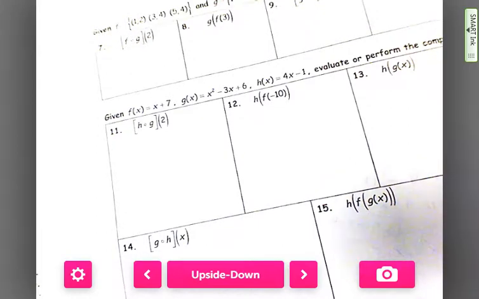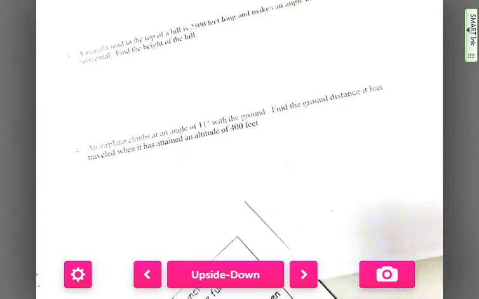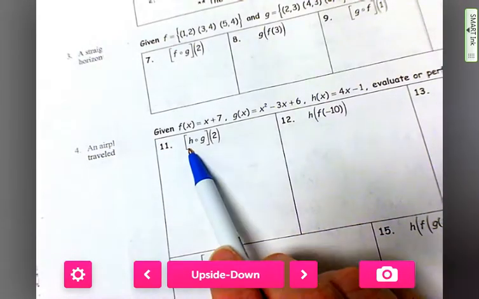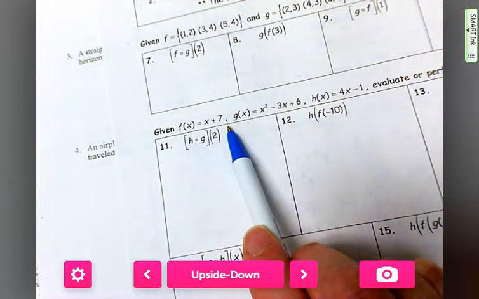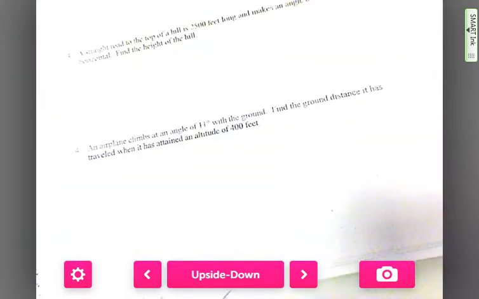Instead of you guys just writing down what I'm writing down, why don't we try it together? So everybody try number 11 and then we'll compare answers. So, you're going h times g and you're plugging in wherever you see an x, you're plugging in a 2.